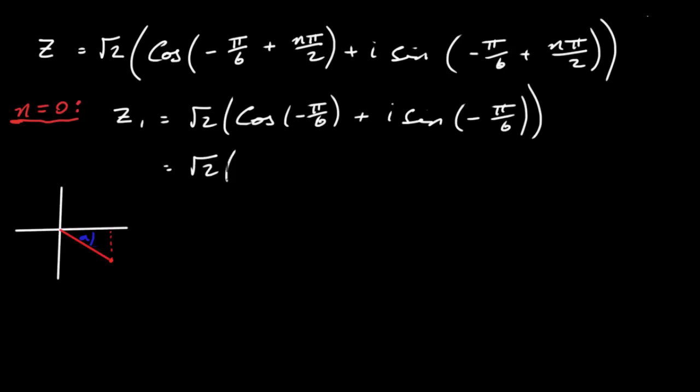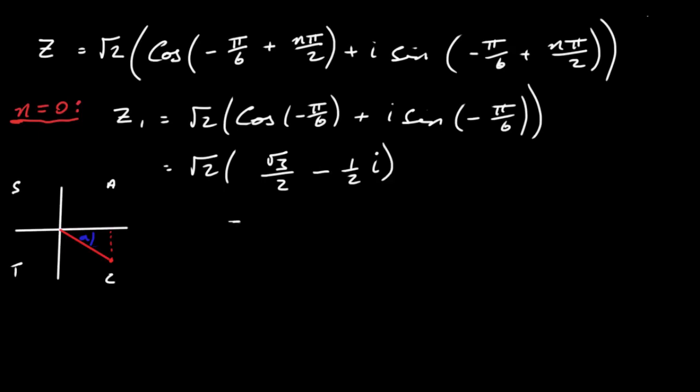The cos of pi over 6 is root 3 over 2. Remember, we have A, S, T, C: all, sine, tan, cos. Cos is positive in the fourth quadrant, so this is going to be positive root 3 over 2. Sine of pi over 6 is a half. However, sine is negative in the fourth quadrant, so it's going to be minus 1 over 2 i.